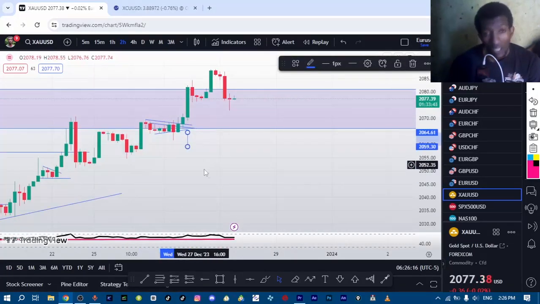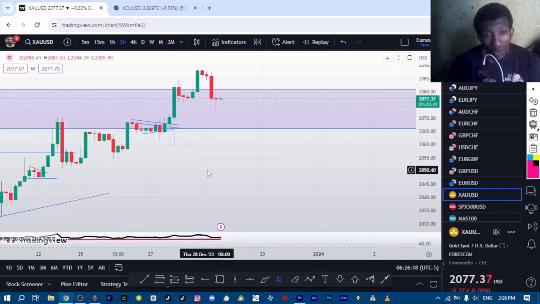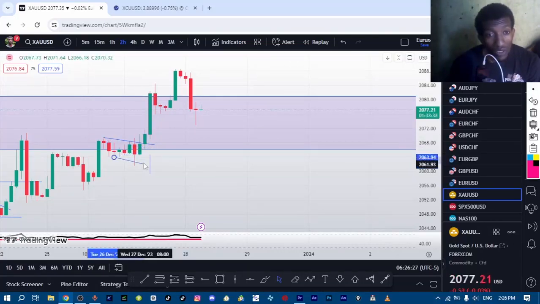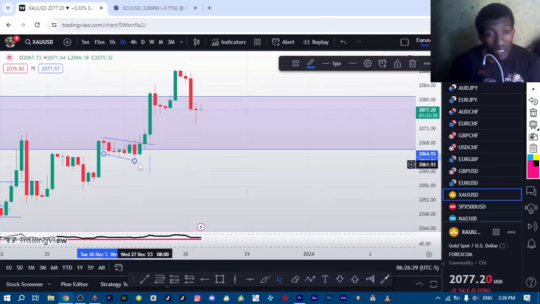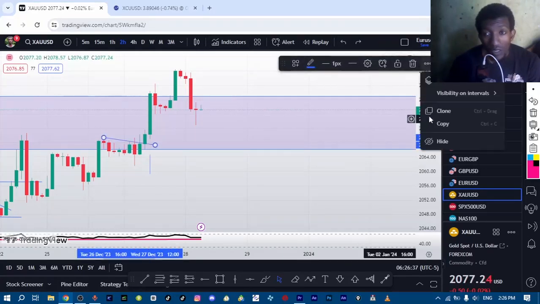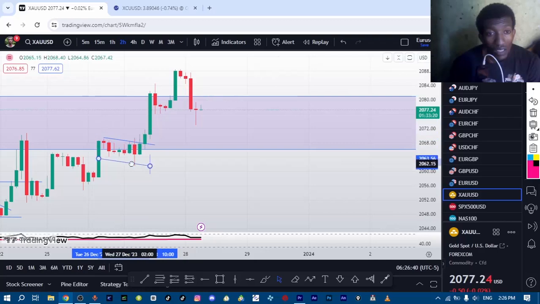So in order to prevent that, what you have to do is, your drawing determines your success. This line, clone this line, and put it down right there. That is what you do.